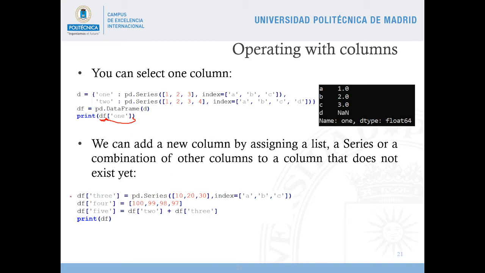for instance, we want to add a column which is called 3. So 3, we just access that not existing column, a column that doesn't exist yet, and we say data frame of 3 equals the series that we want to append as a column, or data frame of 4.